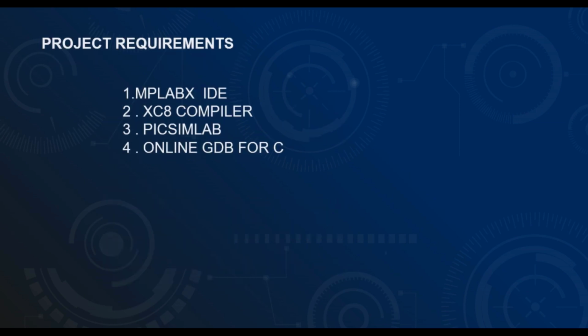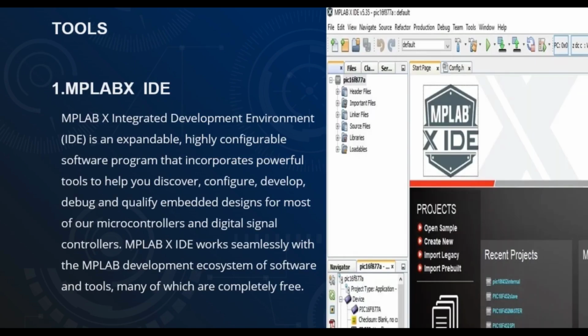In our project we use four different software tools: MPLAB X IDE, XC8 compiler, Proteus Lab, and online GDB for embedded C programming. Primarily, MPLAB X IDE, we use it to write the code for our embedded system.